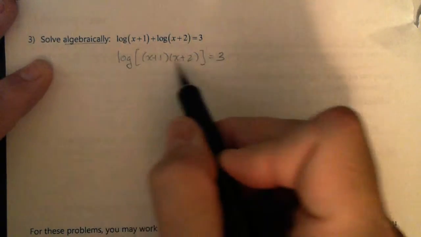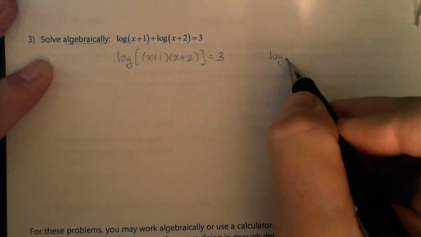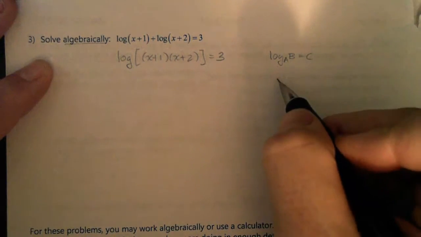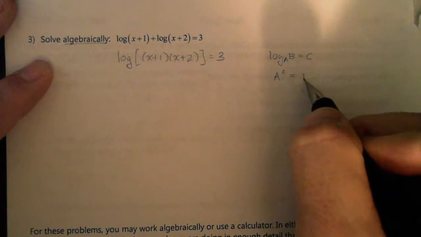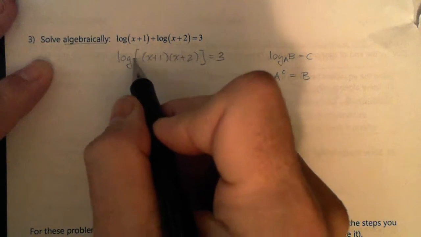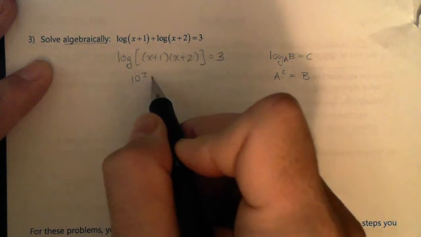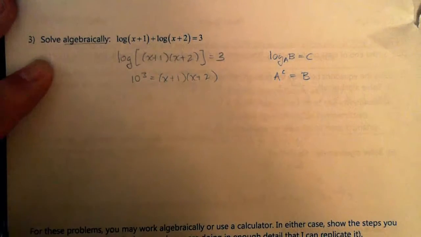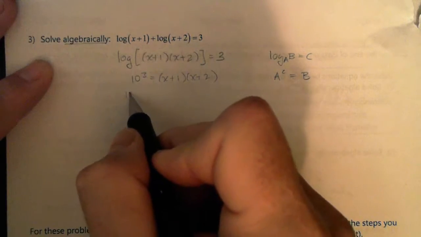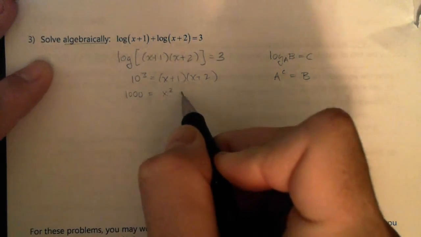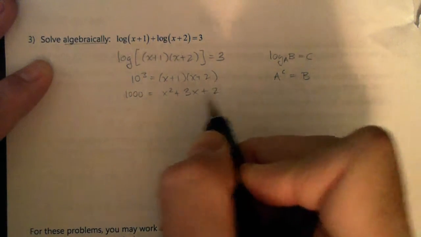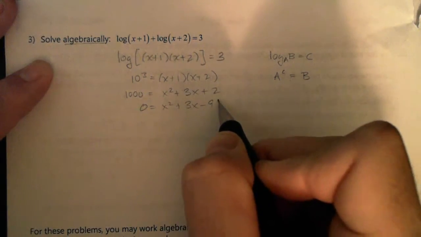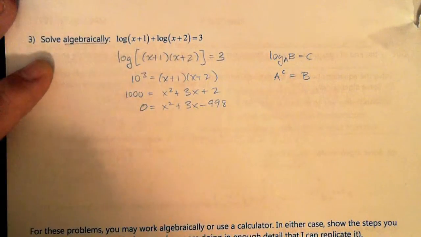And now using our ABC, log to the base a of b equals c, we're going to rewrite this as a to the c equals b. That is 10 to the 3 equals x plus 1 times x plus 2. So we get 1,000 equals x squared plus 3x plus 2, or in standard form, x squared plus 3x minus 998 is 0.